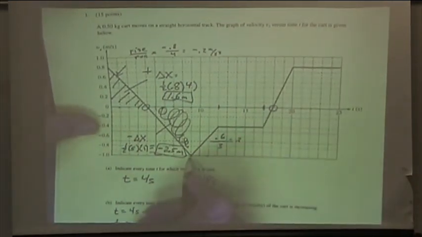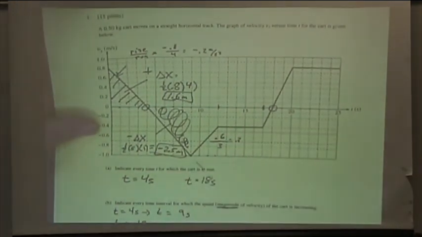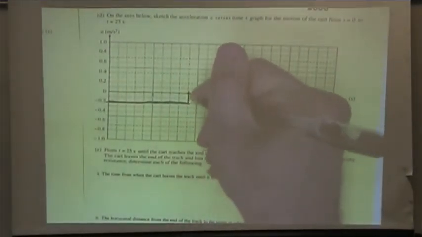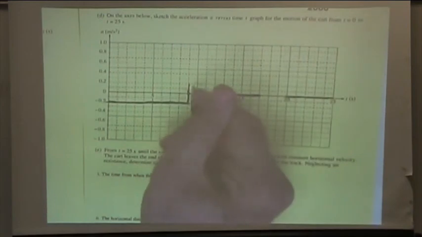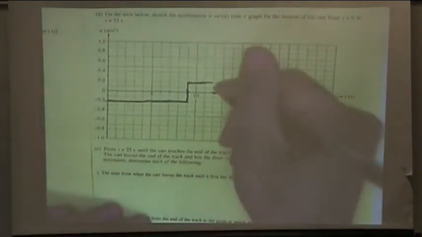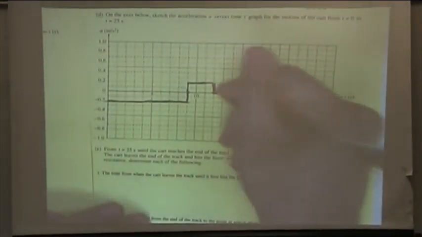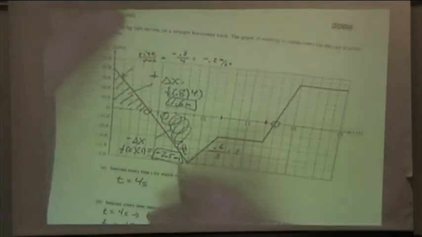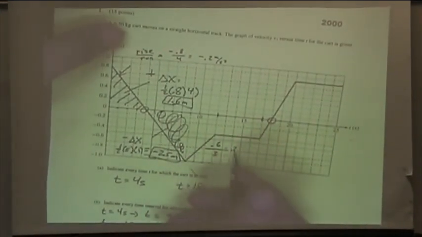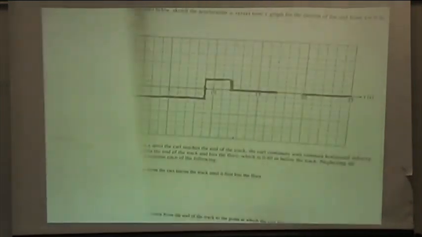Notice how we have a sharp point here. So we're not going to have a smooth transition. We're just going to jump up here. We're going to have a quick jump, an instant transition to positive 0.2, and then an instant transition. Again, you notice how there's no curves in here, so we don't have smooth transitions between different accelerations and different slopes. We're going to make sharp transitions.